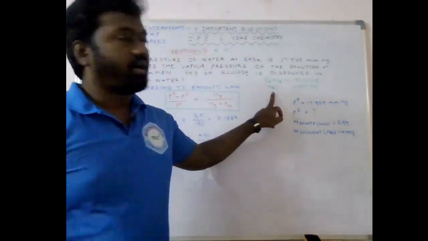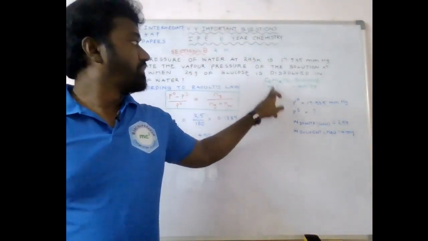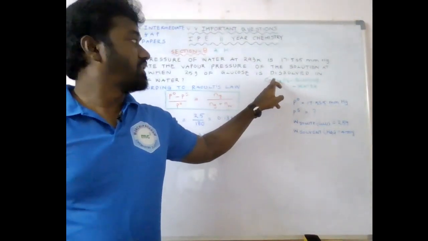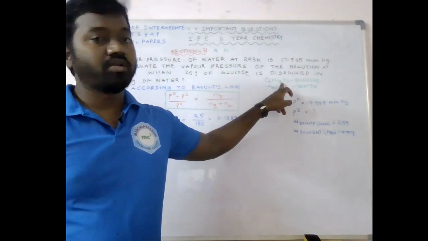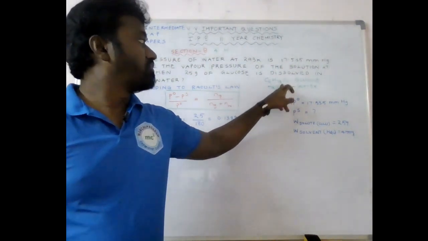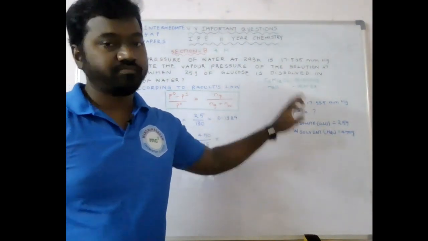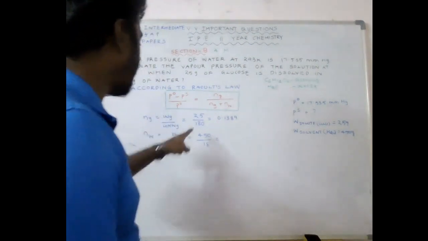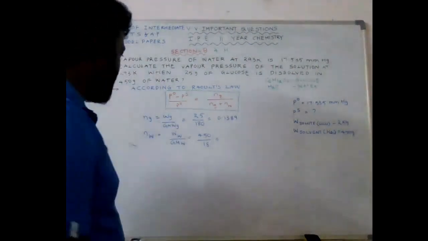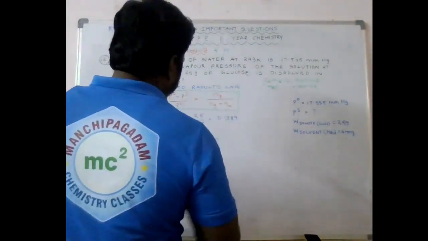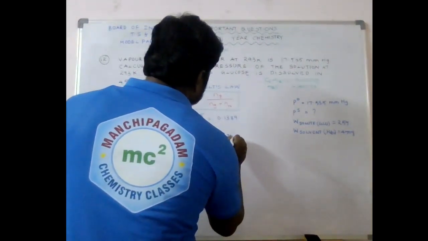Oxygen 16, hydrogen 2, so 16 plus 2 is 18. For glucose, carbon 12, 12 times 6 is 72, 72 plus 12 is 84, 84 plus 16 times 6 is 96, that is 180. So 450 by 18, we will get 25.